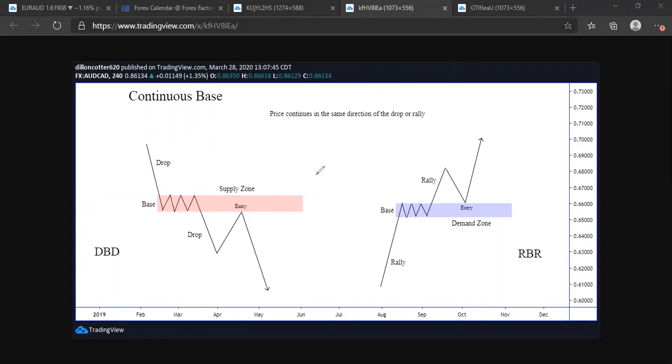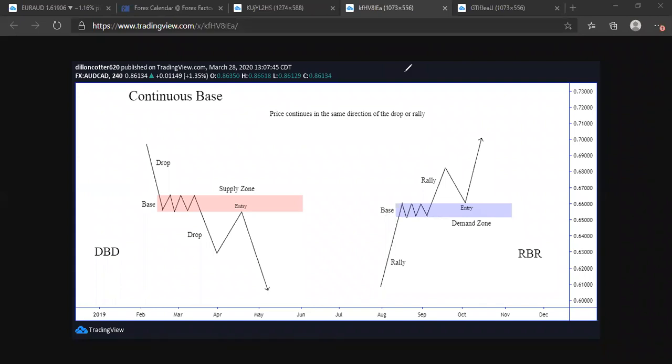Okay, so it's going to be either one candle that we're going to see and then a drop like that, one selling candle and then an impulse, right?